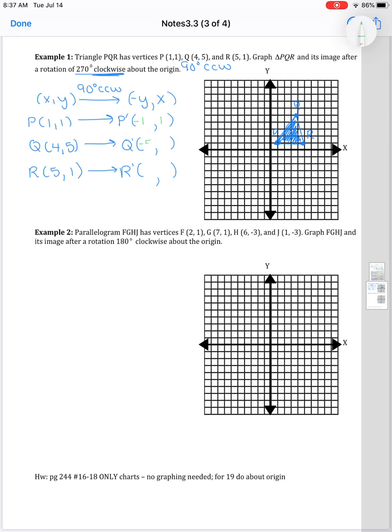So instead of 1, it's going to be negative 1, 1. For Q, step 1, they flip locations, so now we have 5, 4, but now the 5 becomes a negative 5. For 5, 1, they flip, you get 1, 5, and the 1 becomes negative. And that's going to give you new points to now work with.